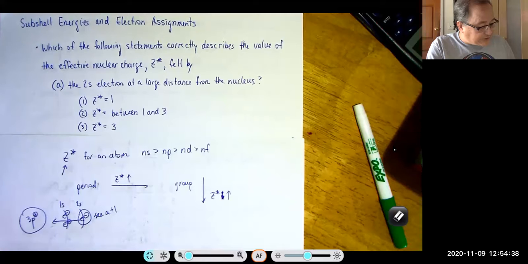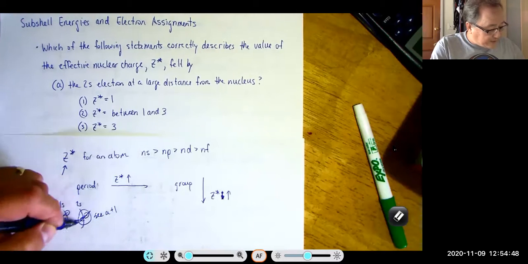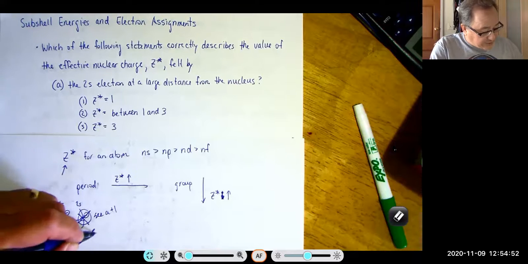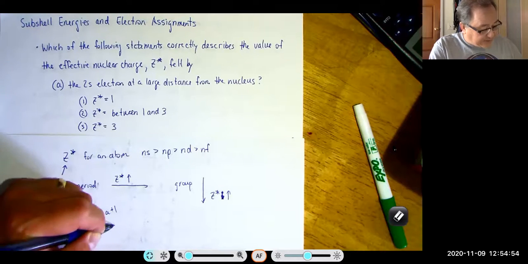And basically you just add them up. 3 protons plus 3, 2 electrons minus 2. Plus 3 and minus 2 is 1, so this guy sees a +1. Now, if we take this electron and move it over here, what does it see? The electron sees a +3.